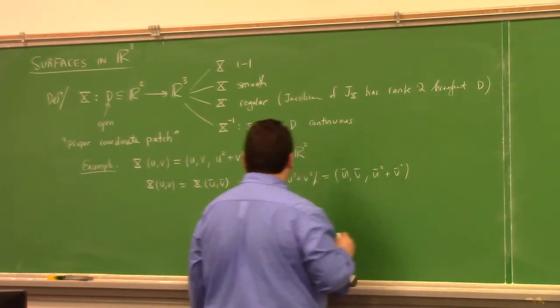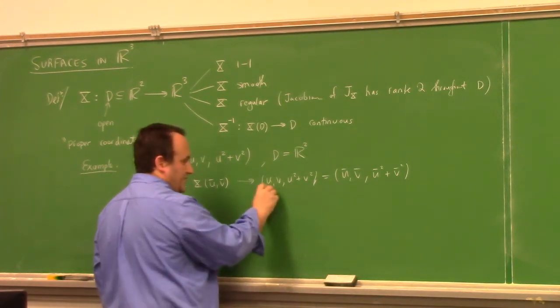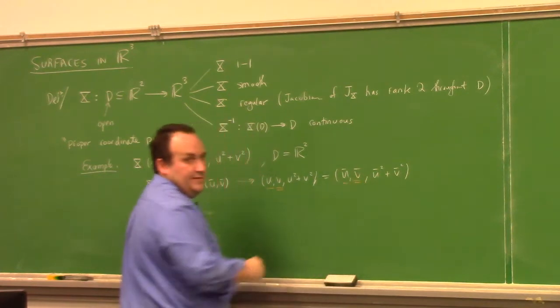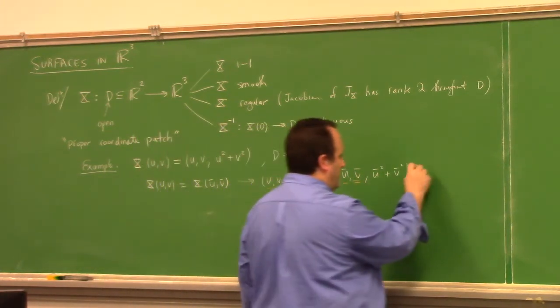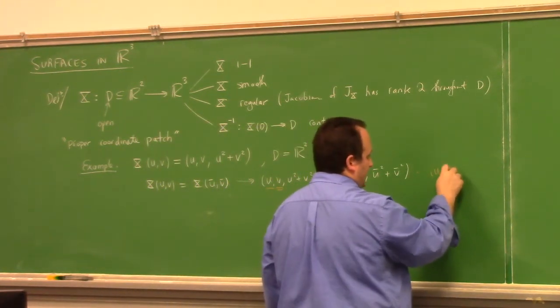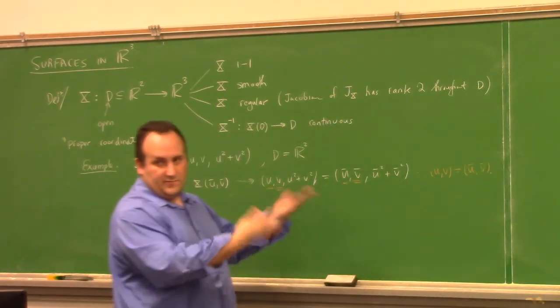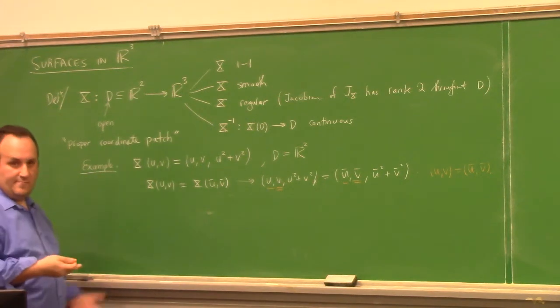And from that, as you guys have already told me, this is equal to that, and this is equal to that, which shows us that (u,v) equals (u bar, v bar), right? So we can prove it's one-to-one easily.